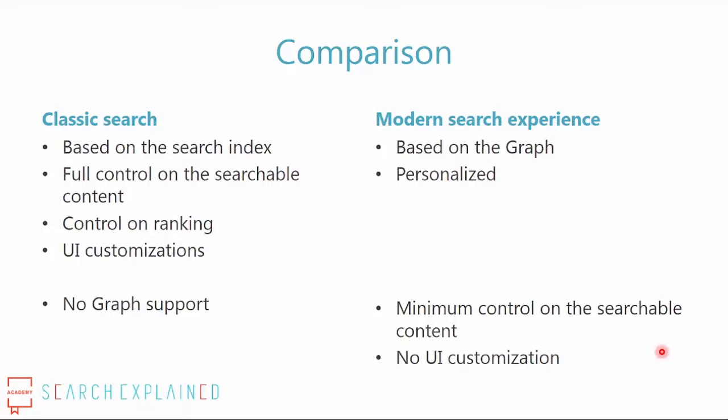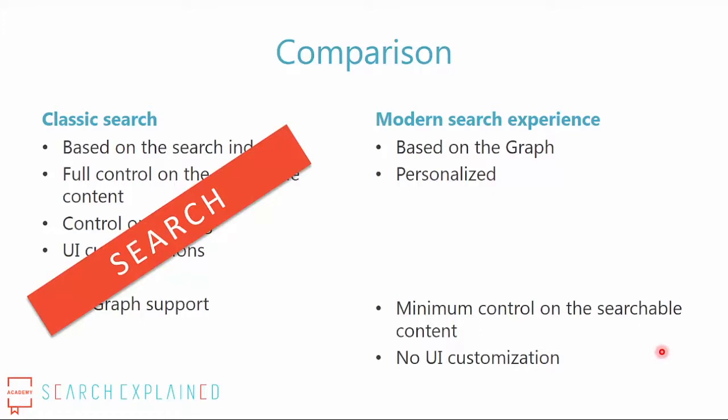So if I want to put one word on each experience, what I could tell you is that in the case of classic search, what we do is search, as we have known it for 10 years.